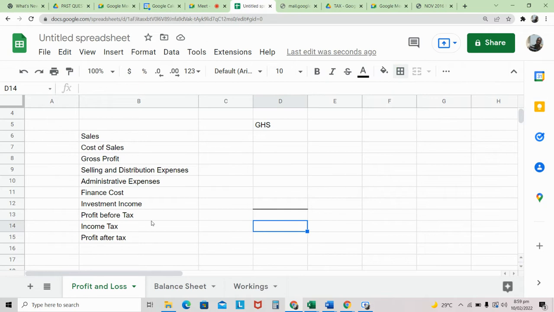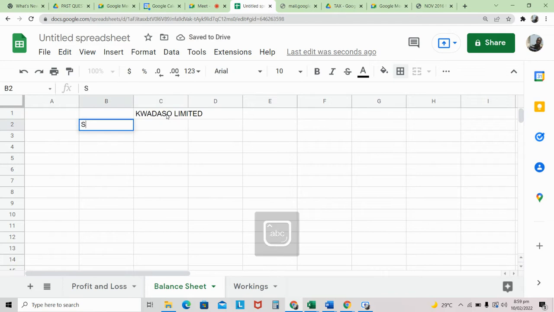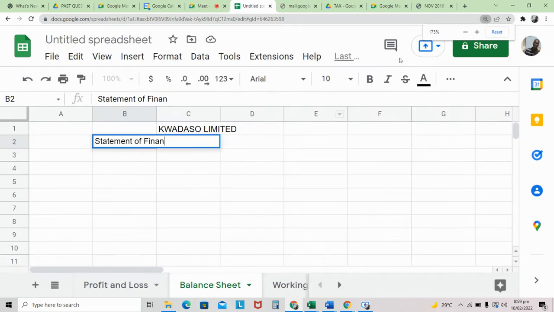Okay, so let's come to our balance sheet. Quadaso Limited. Statement of financial position. Let me see, is it big enough?